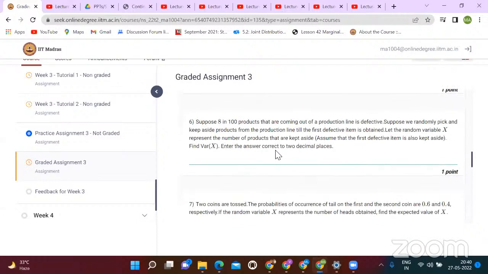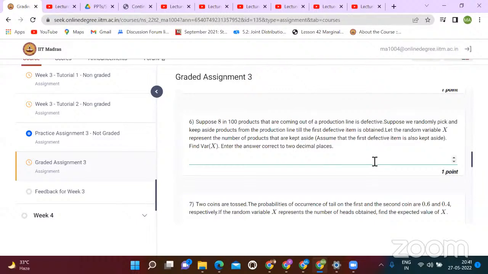Yes, sir. In that question, there was a line like the defective items are kept aside. The first defective item is also kept aside. Does it affect the question, or should we just progress with the direct geometric progression?